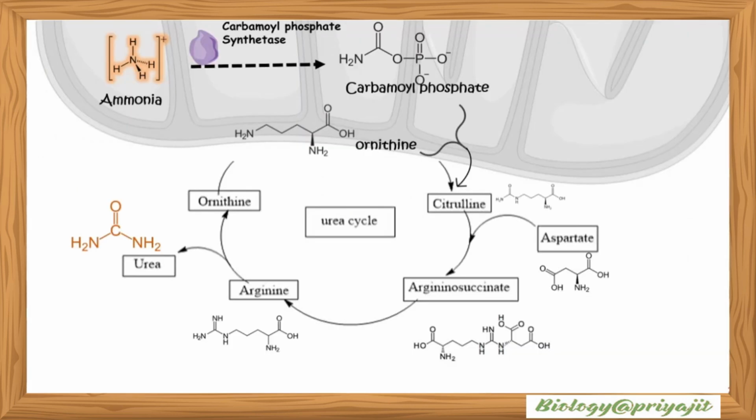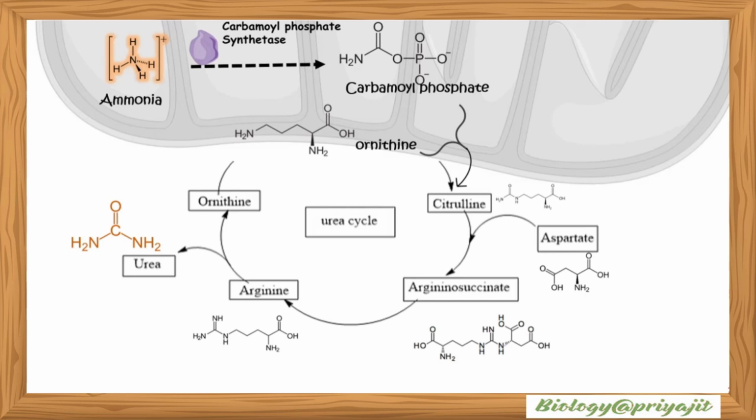So what happens in the urea cycle? The urea cycle occurs both in mitochondria and in cytosol. In the first reaction of the urea cycle, the ammonia, with the help of the enzyme carbamoyl phosphate synthetase, as its name implies, requires an ATP molecule as an energy source, and the ammonia will first form carbamoyl phosphate. The carbamoyl phosphate now reacts with ornithine and forms citrulline.